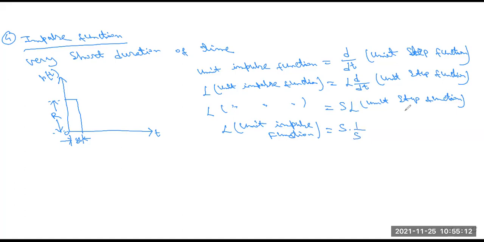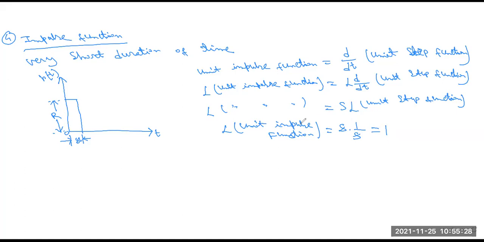So the Laplace of the unit step function is 1 by S. That means this S and this S cancel, and the value is 1. So the Laplace of the unit impulse function is also 1.